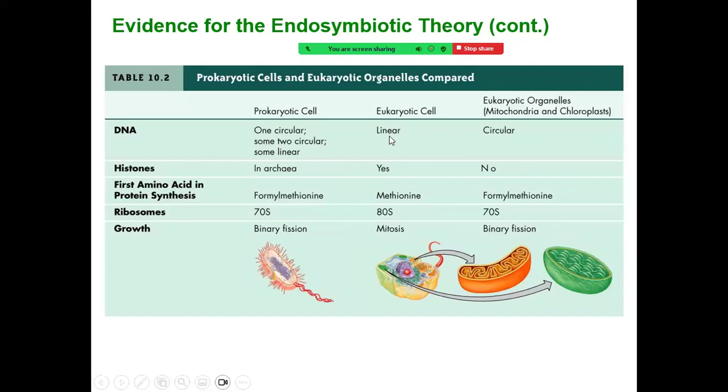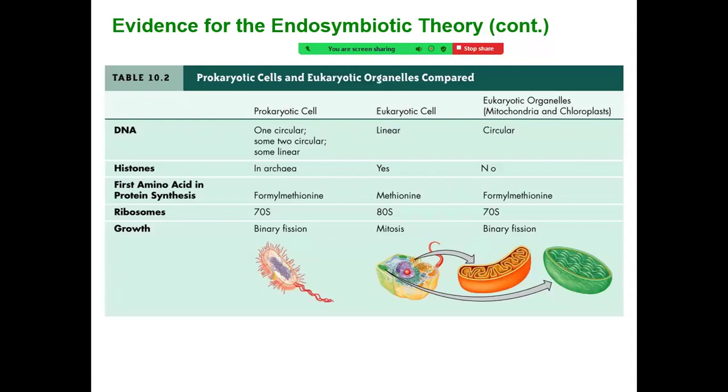When we look at the DNA of the mitochondria and the chloroplast, they are circular molecules of DNA, and there's only one molecule of DNA as well. When we look at the presence of histones, histones are a major protein that the DNA wraps around in a eukaryote cell. There are no histones in a bacteria. There are no histones in the mitochondrial DNA or the chloroplast DNA.